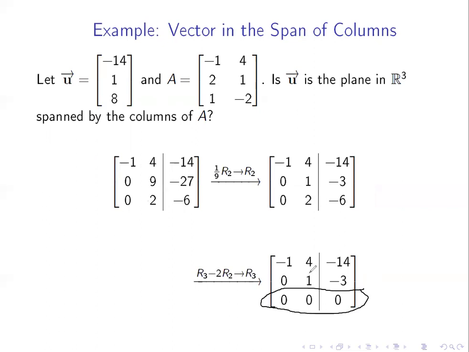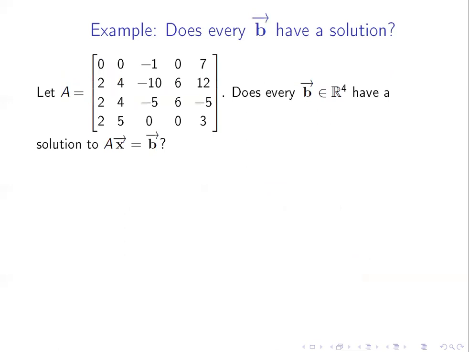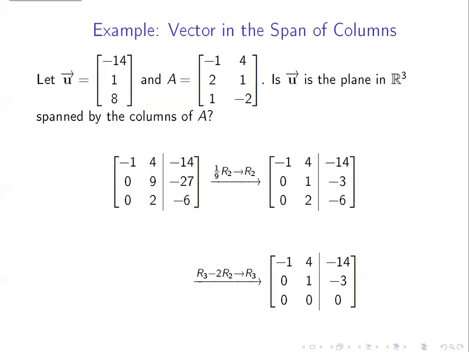I can ignore it. Now, I would love to solve this, but the big thing is I have a leading coefficient in every one of these rows. I have 2 leading coefficients and 2 variables. And so actually that means that I do have a solution here. So we don't have to go any further steps than that.